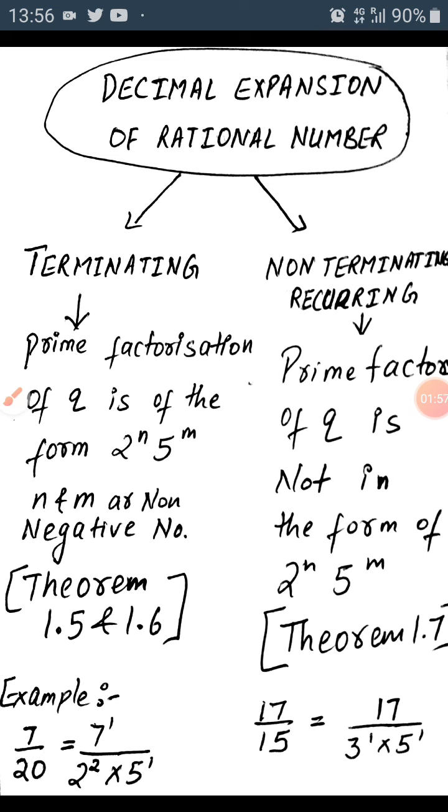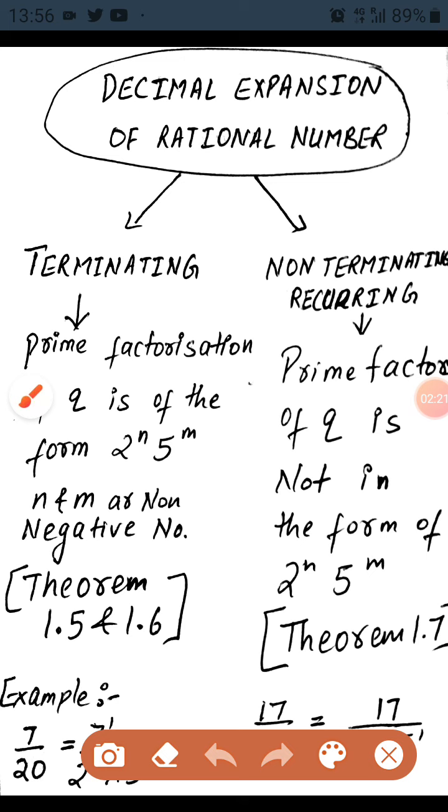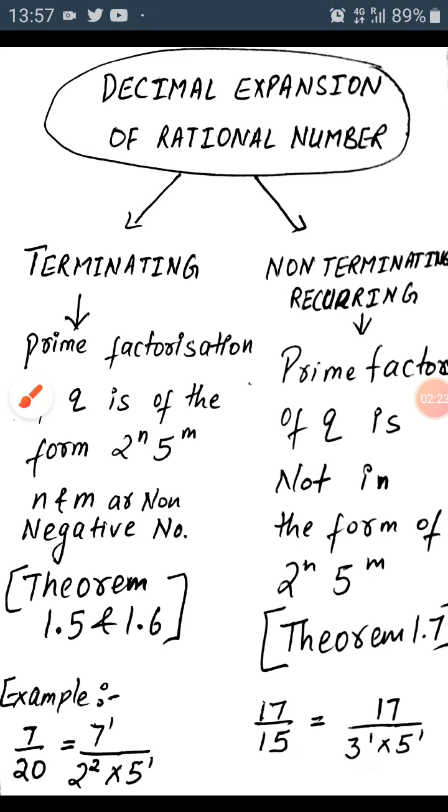For example, you can see here 7 by 20. 7 and 20 have no common factor, therefore these are co-prime numbers. Now see, 7 we can write as 7 to the power 1. And what is the prime factorization of 20? 20 can be written as 2 to the power 2, 5 to the power 1.